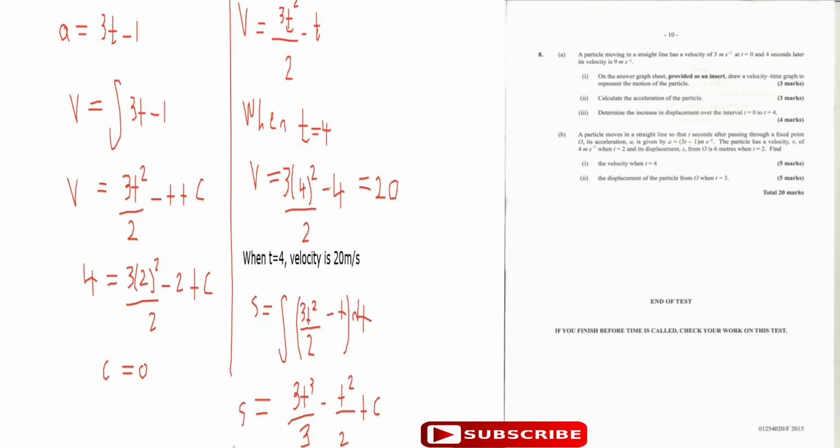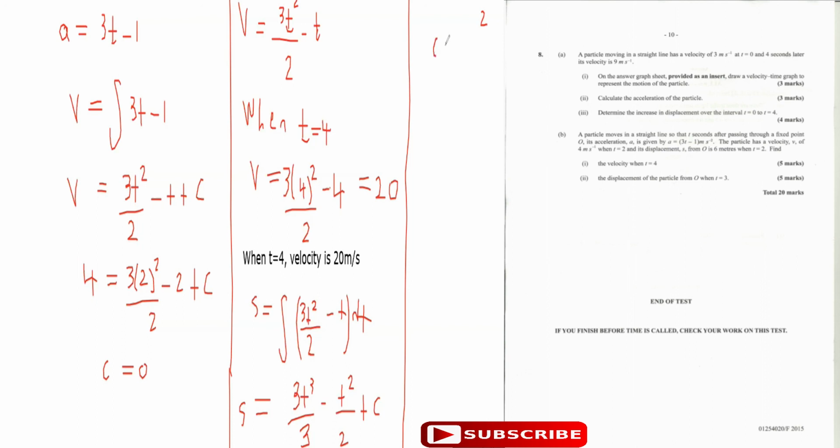Nice, so this is the formula for s. But now we can find out what c is, because they told us that s is 6 when t equals 2. So s equals 6 when t is 2, and so 6 is equal to 2 cubed minus 2 squared over 2 plus c. And so this will give us c.